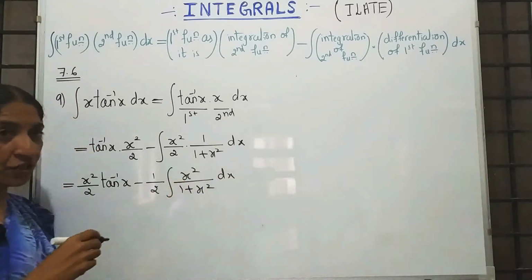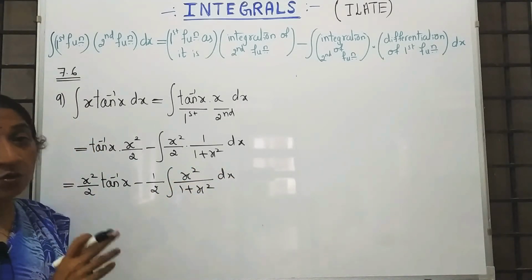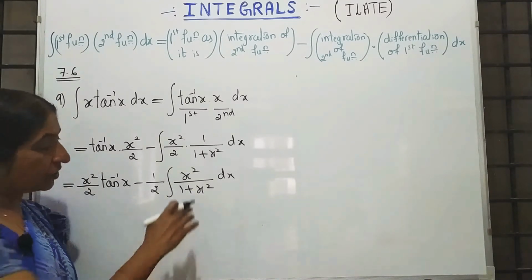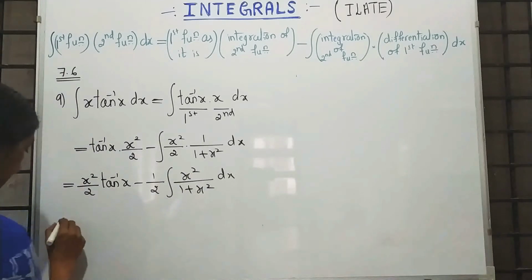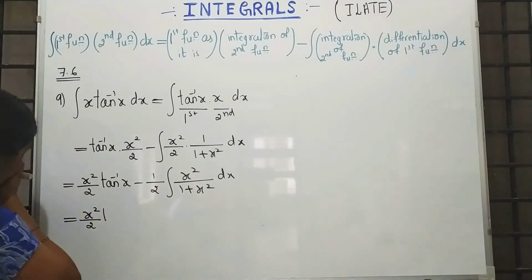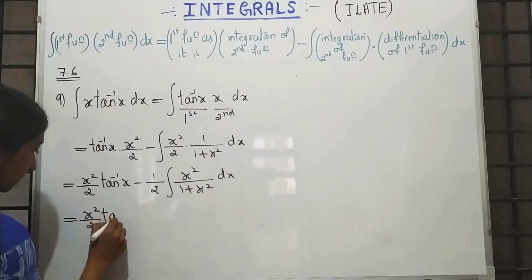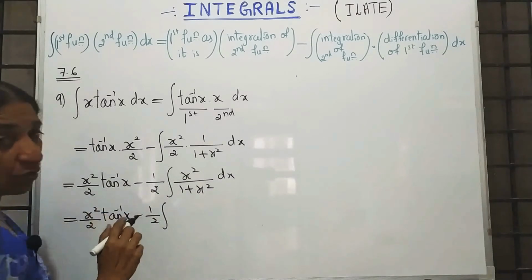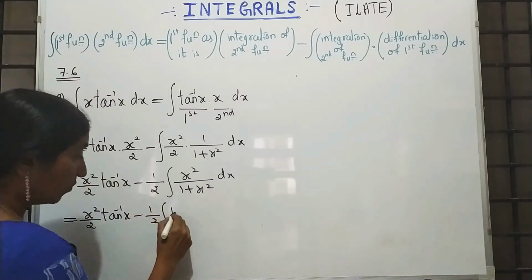Again this is a fraction, and like previous, don't go for substitution. If you are thorough in the partial fraction, this is an improper fraction. So no need to go for division, we can go like this.